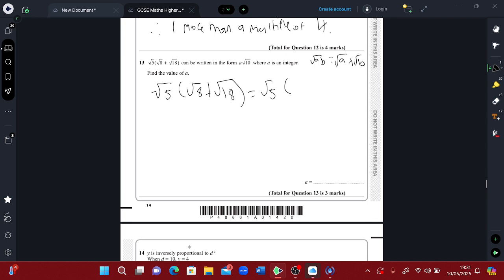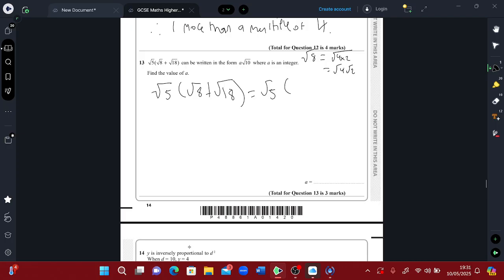So again, we can distribute the surd. If you have a product, a multiplication, you can take the roots separately like this. Bring the surds out. With that in mind, we know that root 8 is root 4 times 2, which is root 4 times root 2.